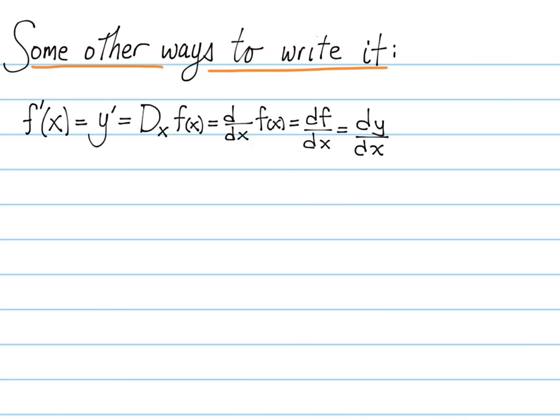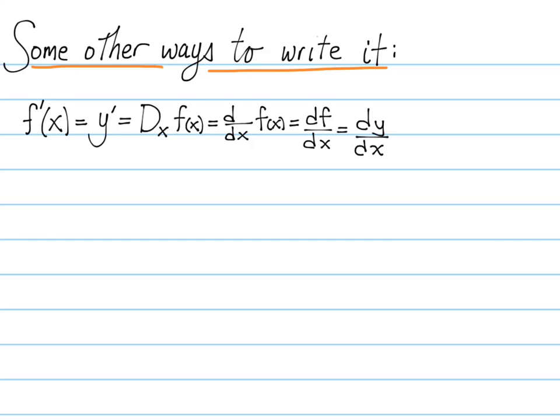So there's other ways of writing the derivative, not just using primes. So we don't always use f of x notation. A lot of times we still write the function y equals x squared. And so instead of writing f prime of x, you could write y prime. Also, you could use big D notation. The big D says take the derivative of what's next. And if you put a letter in the subscript of D, it tells you which letter is the variable to take the derivative of.